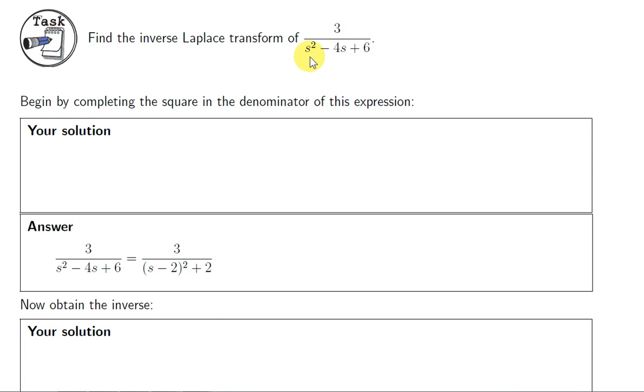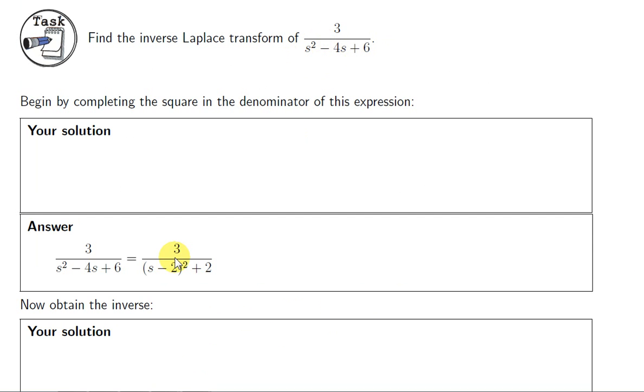Now, in this next example, we see a case where the denominator has no factors. You won't be able to factorize this denominator, so we can't use methods from previous videos where we get the partial fractions and get the inverse transform of two functions which are in the table, which we can read more or less directly from the table.